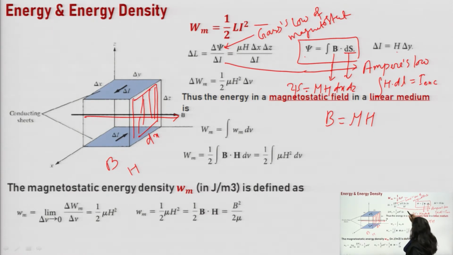Now in the denominator we have delta I, which can be found with the help of Ampere's law, and finally we can put it in the original formula.